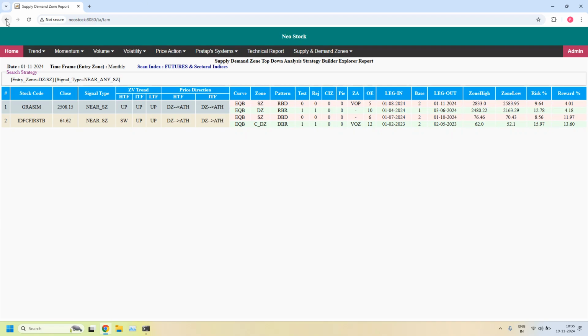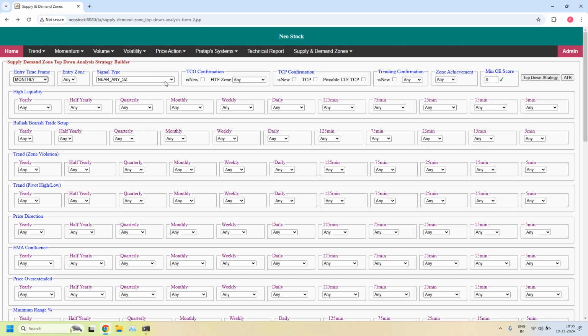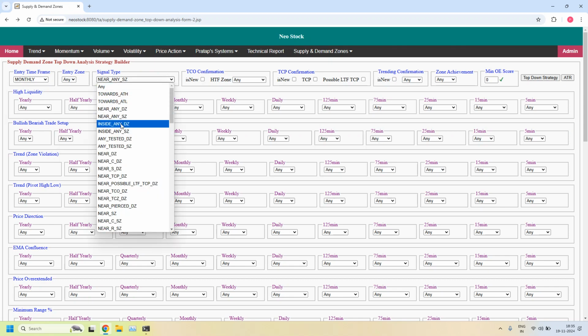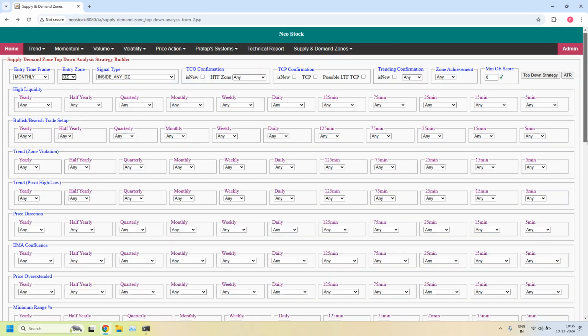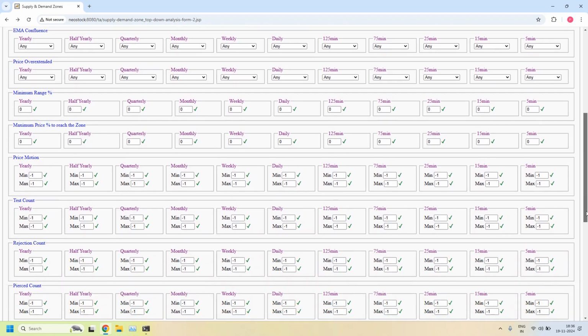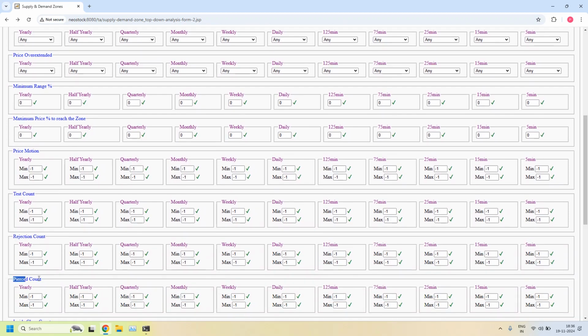Next, monthly time frame, price closed inside the monthly demand zone, but need to remove the pierced zones. So monthly demand zone should not be pierced. So in the pierced count, at monthly time frame, minimum value 0, maximum value 0.